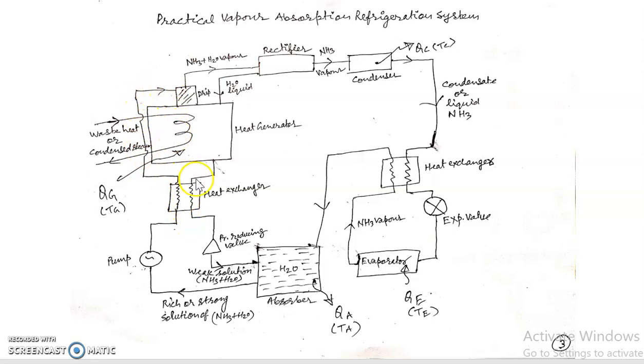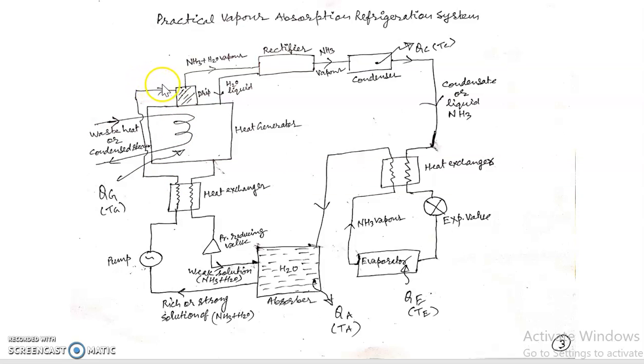The role of the heat exchanger is to absorb some heat from the weak mixture coming out from the heat generator. In this way, the temperature of the strong or rich solution of aqua ammonia increases, and the heat required in the heat generator reduces. So with the help of the heat exchanger, we are increasing the temperature of the rich solution before sending it to the heat generator.